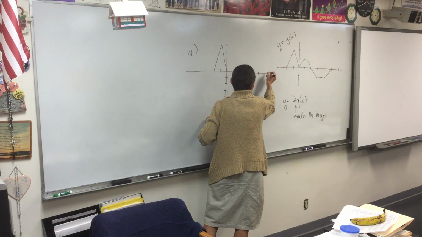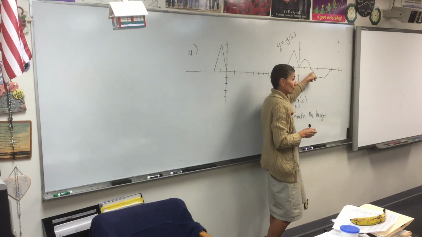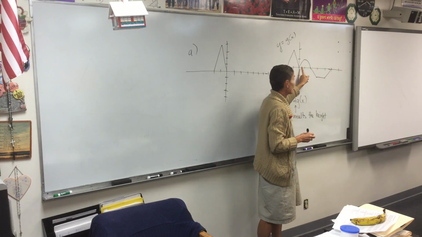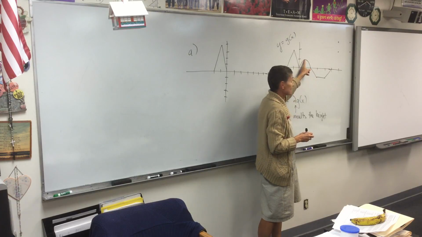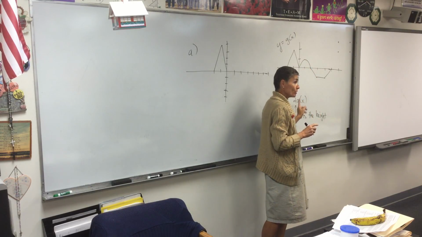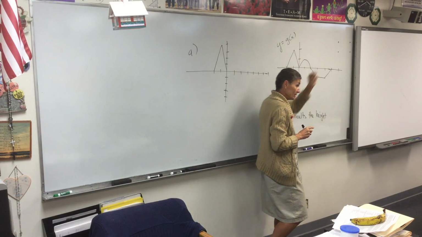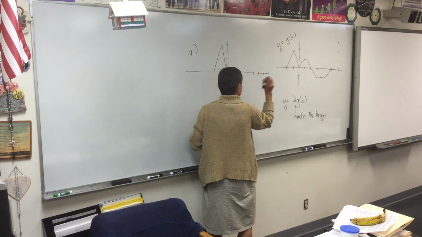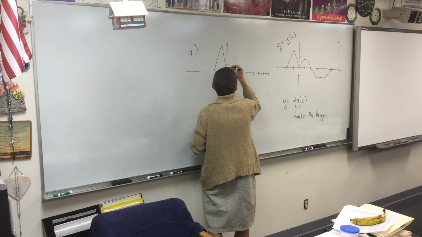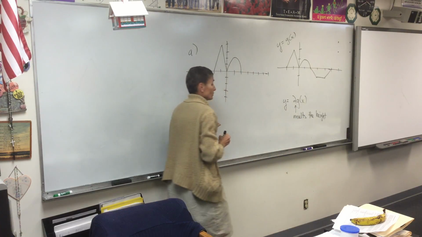Now, let's do the next shape. The next shape is this semicircle right here. In the original, how tall is that semicircle? 1. But because of this 2, he is now going up 2. It gets doubled. You multiply. So it was a 1, now it's a 2. So there's my semicircle now.